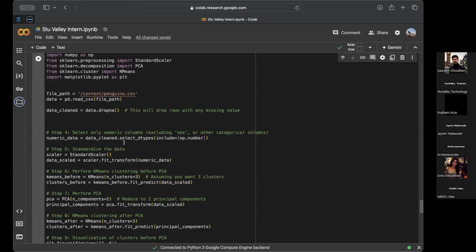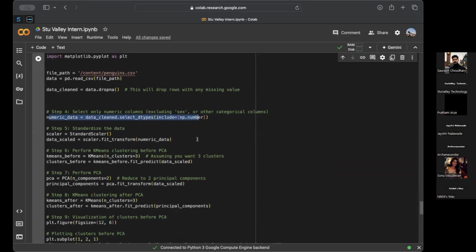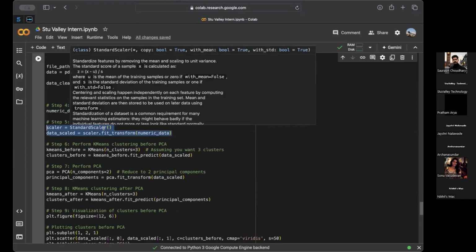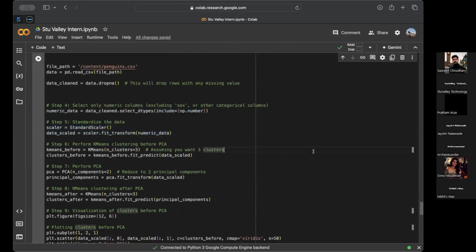Okay. Data drop NA, data clean. Data clean dot select D type and NP dot include. Data clean dot select D type, include NP number.